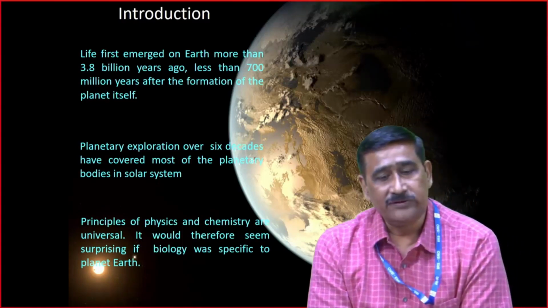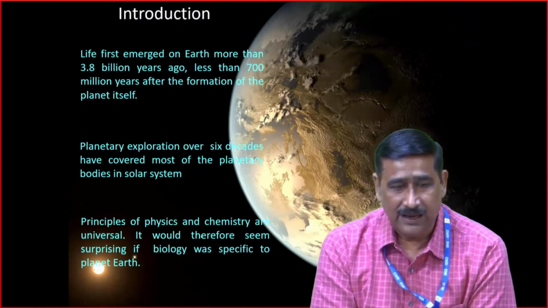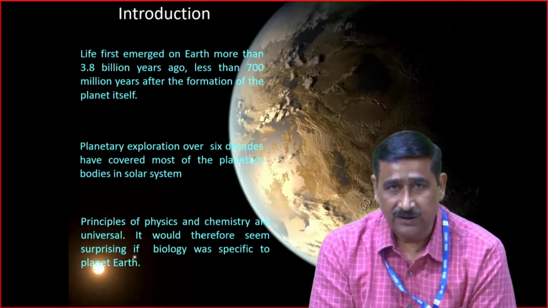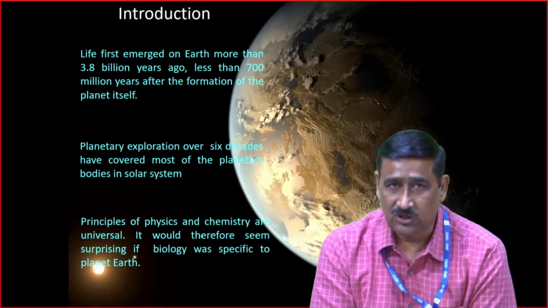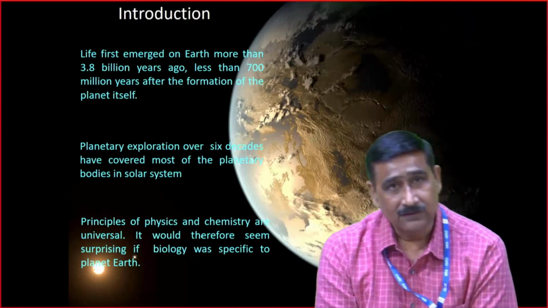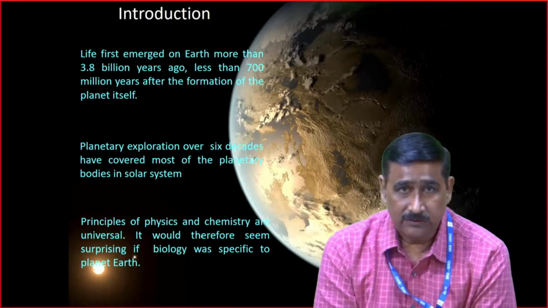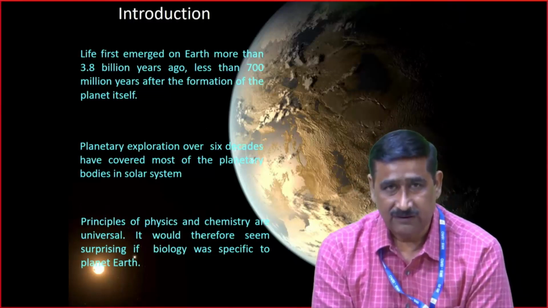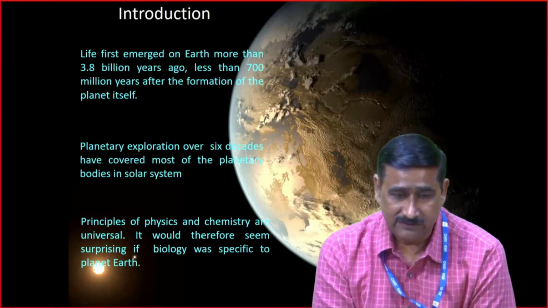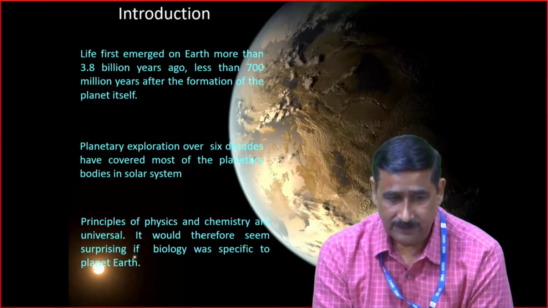Planetary exploration over the past 6 decades has covered most of the planetary bodies in at least the solar system. We have reached and made the majority of observations in the solar system. But by now, there is no concrete evidence of life being found on any of these planets.